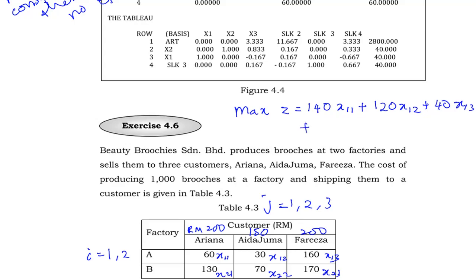And then plus 200 minus 130, so we get 70 X21 plus 150 minus 70, so we get 80 X22 plus 30 X23, because 200 minus 170, so we get 30.